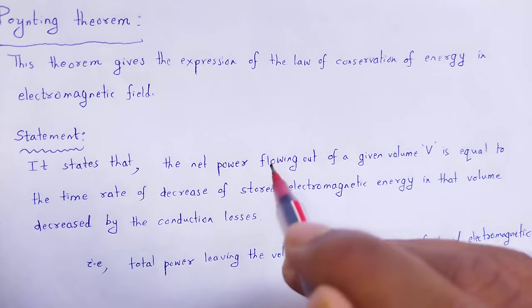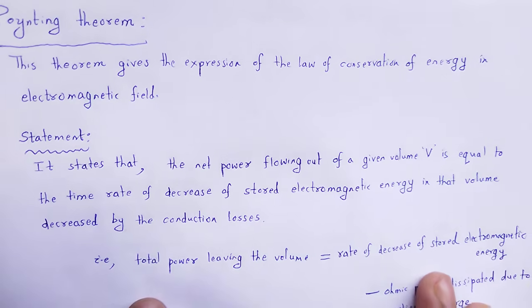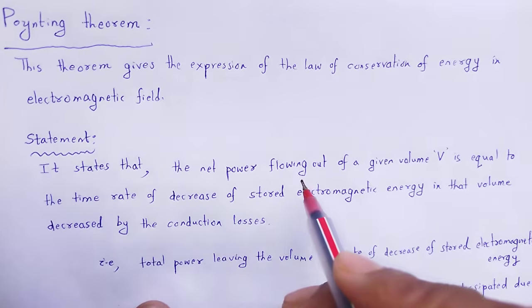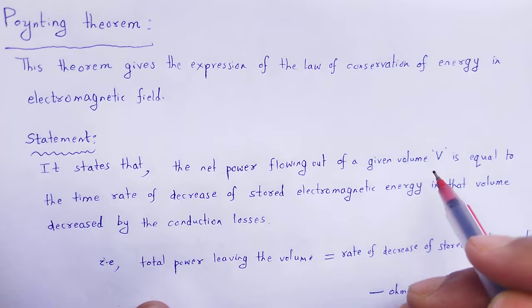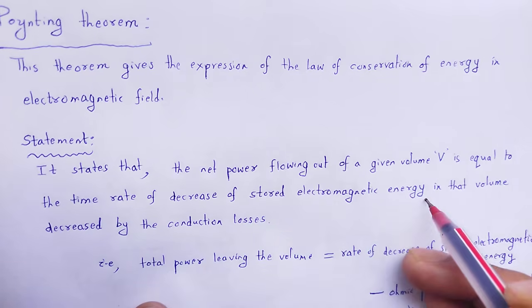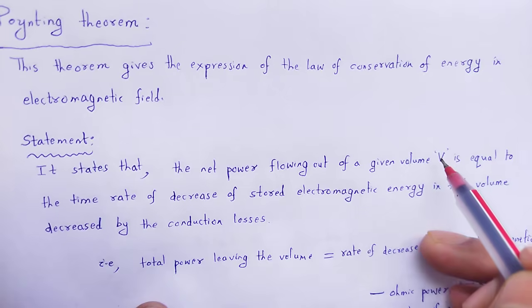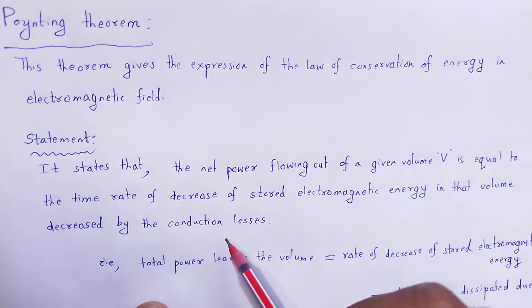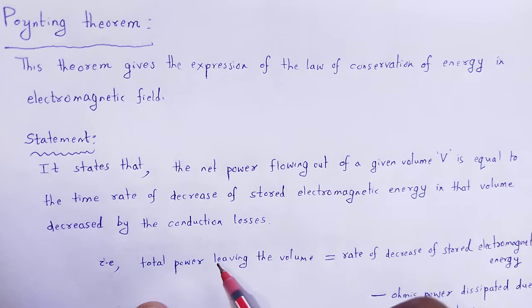The statement of Poynting theorem states that the net power flowing out of a given volume V is equal to the time rate of decrease of stored electromagnetic energy in that volume, decreased by the conduction losses.